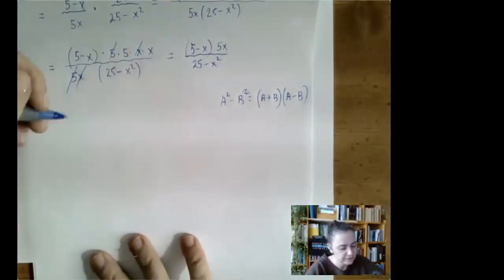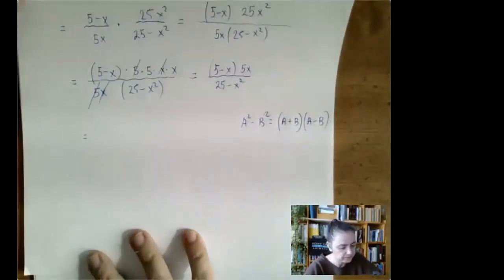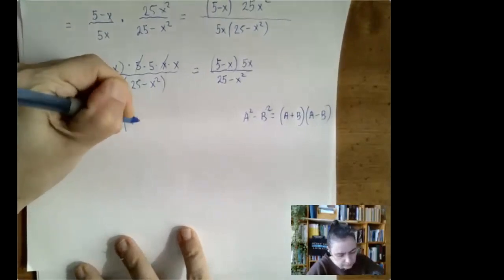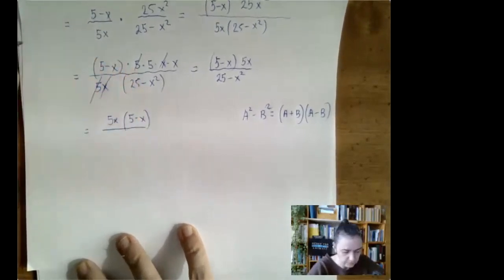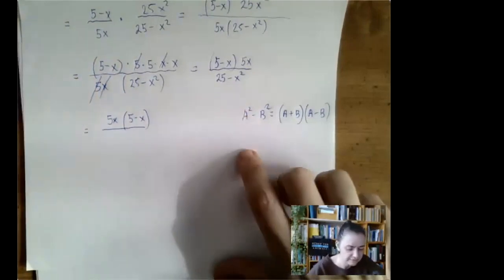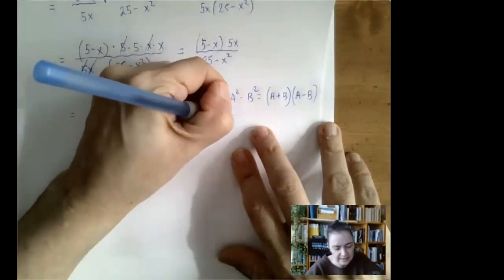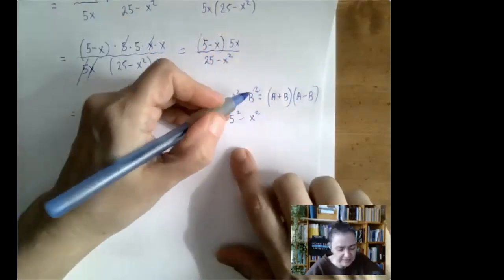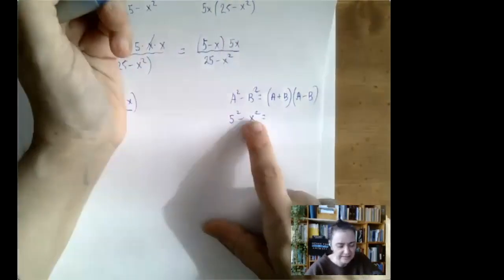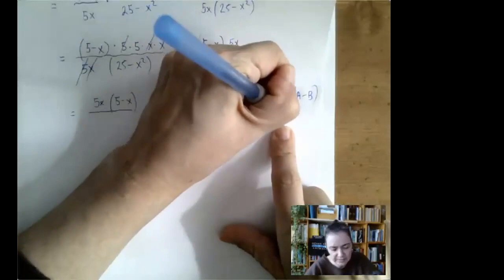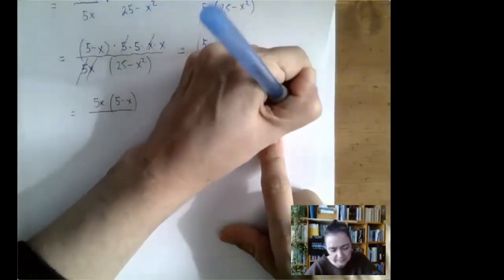And that's exactly what we're going to do there. 25 is a squared, a is 5, and b is x. Then we have 5 squared minus x squared, so if a is 5 and b is x, this expression can be factored as 5 plus x times 5 minus x.